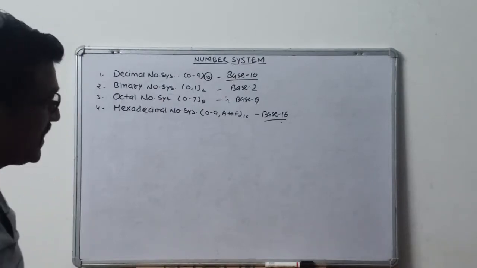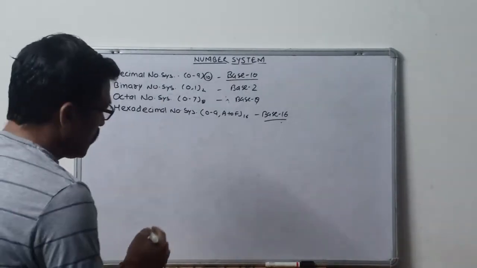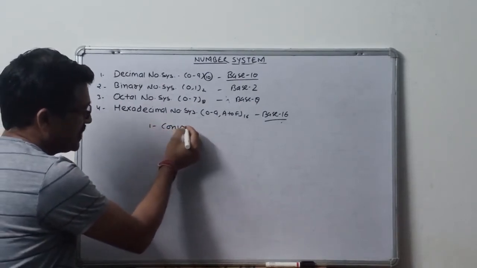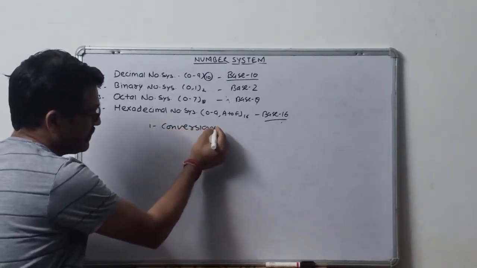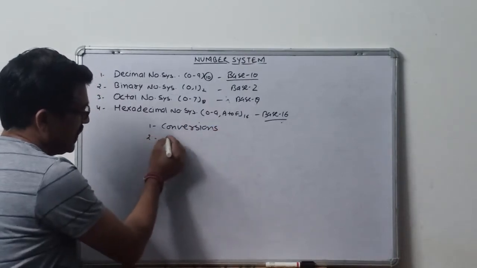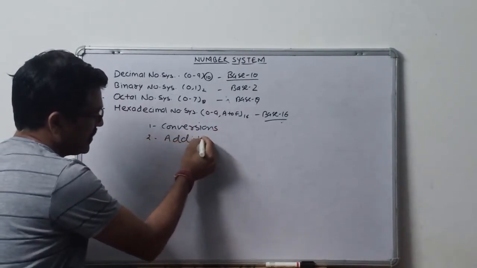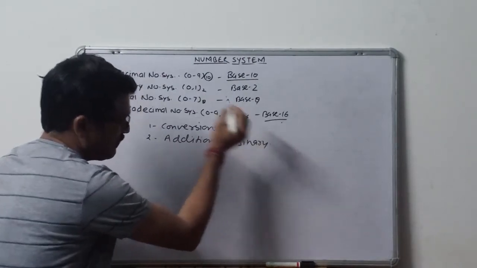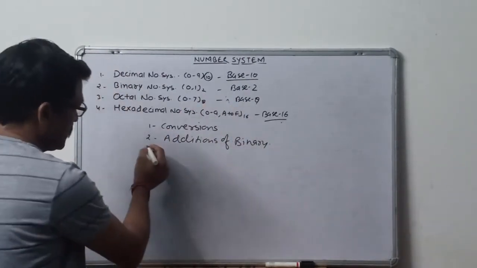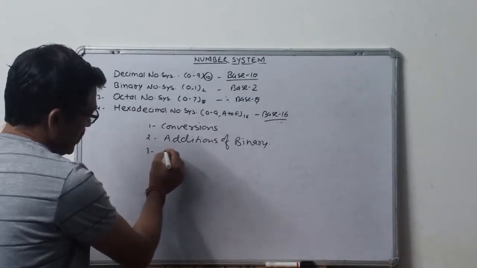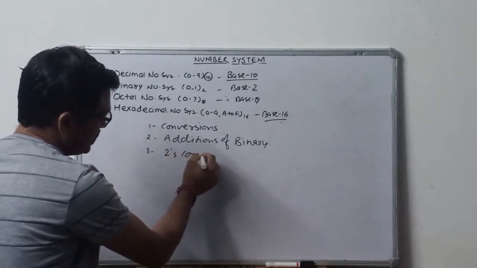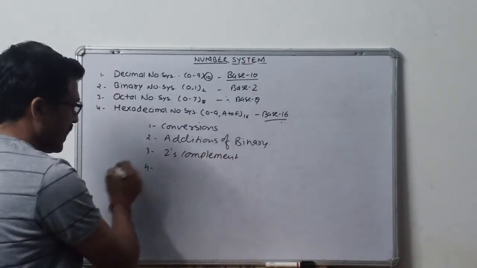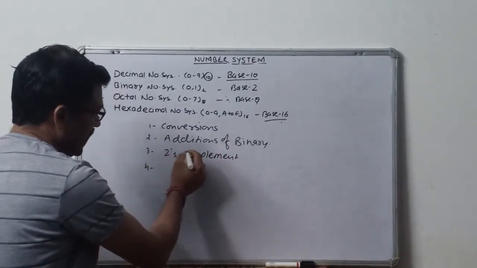First of all, in this chapter, we will understand the conversions, the additions of binary, 2's complement, and addition.